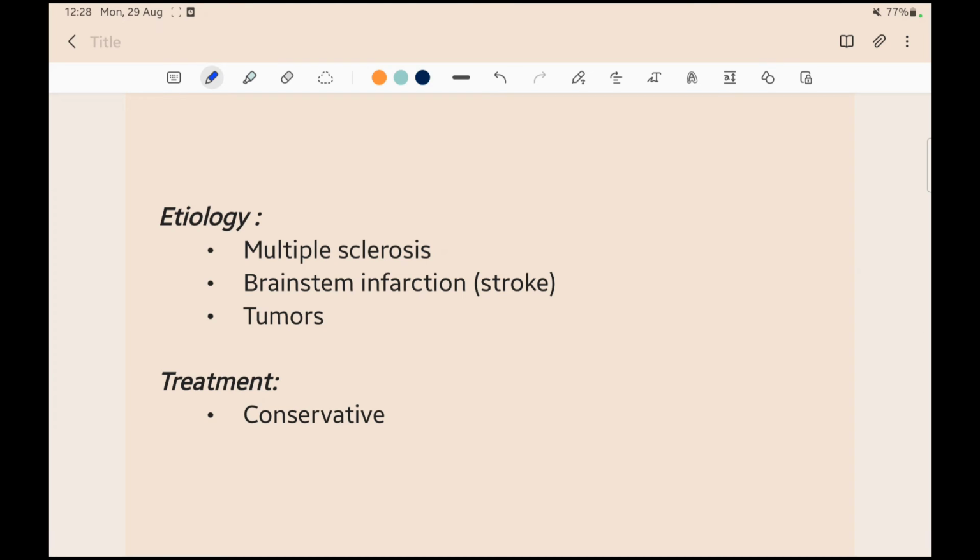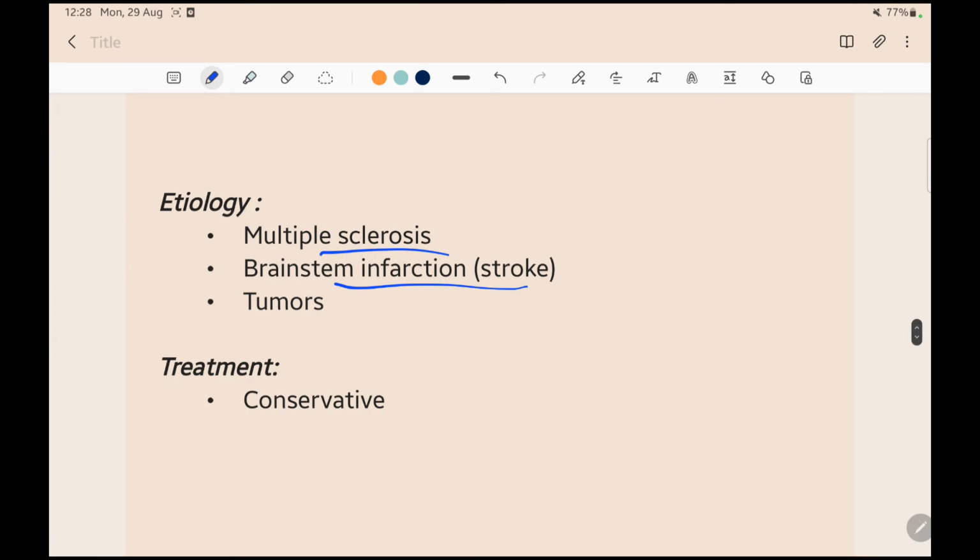Now we will see the etiology of internuclear ophthalmoplegia. What is the reason behind this? There is a condition called multiple sclerosis. When you have a demyelinating lesion in the brain stem, your MLF is affected, so it will ultimately cause internuclear ophthalmoplegia. Second is brain stem infarction due to stroke, which leads to INO.